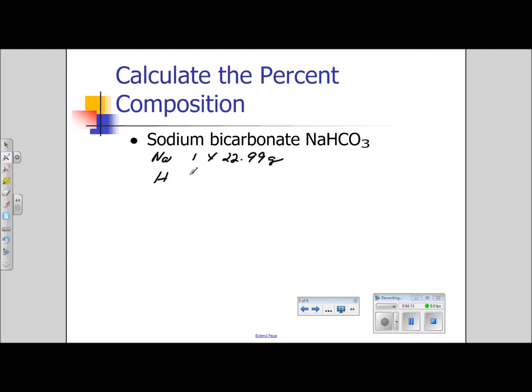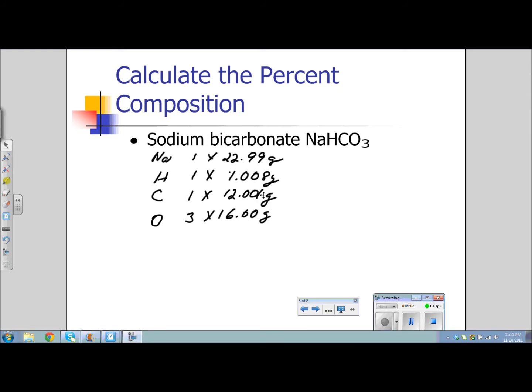Then we have 1 hydrogen, so 1 times 1.008 grams, and we have carbon, 1 times 12.001 grams, and finally oxygen. There are 3 oxygens times 16.00 grams.